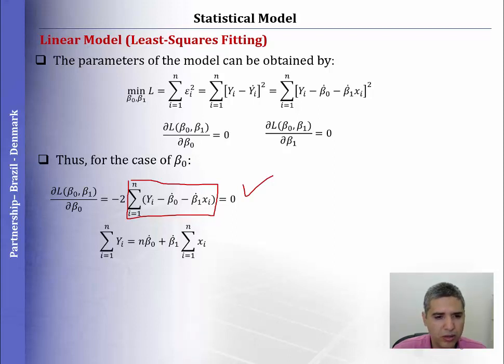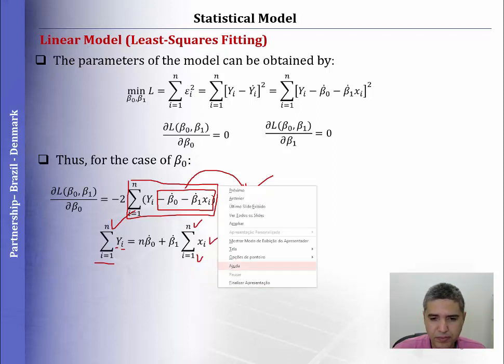So developing this expression, we have the sum from i equal to 1 to n of yi equal to, I will put it in this side of this expression, then we have n multiplied by beta 0, because we need to sum from 1 to n, plus beta 1 multiplied by the sum from i equal to 1 to n of xi.